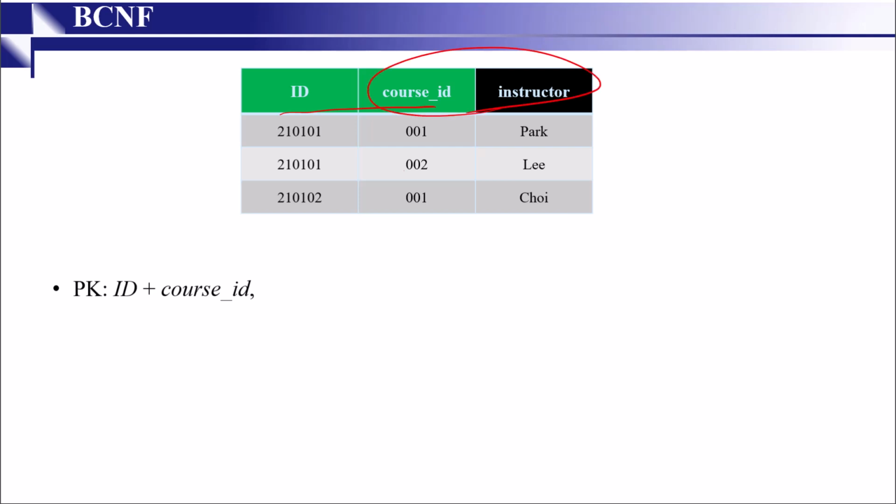The primary key here is ID and course ID. One instructor teaches only one course, but one course may have two different instructors, as you can see here. So here there is a dependency between course and instructor, where course depends on the instructor name, and this is not a key.